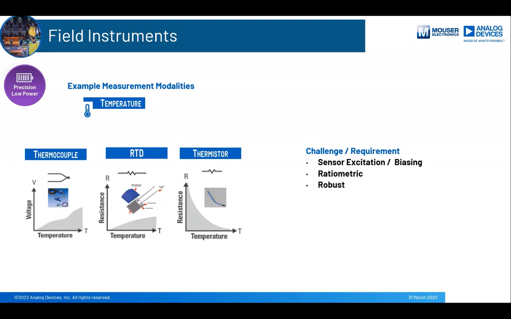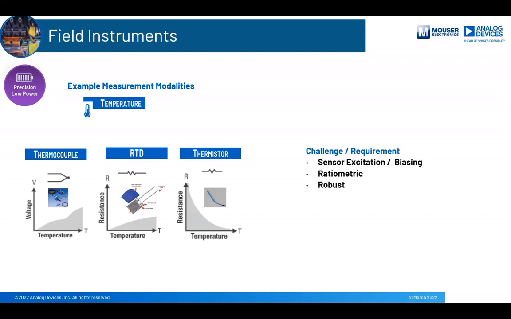If we look at the environments where these end solutions are placed, they're often very harsh. So robustness in your measurement is certainly an important key factor. Thus, it's important to have solutions where the results are always accurate and reliable. These design challenges alone can lead to complex designs and add to very long design cycles.